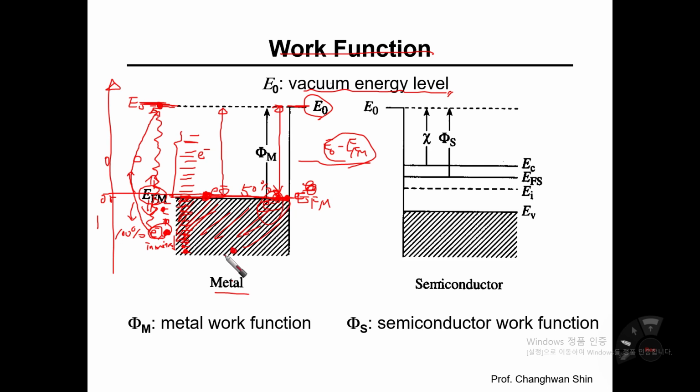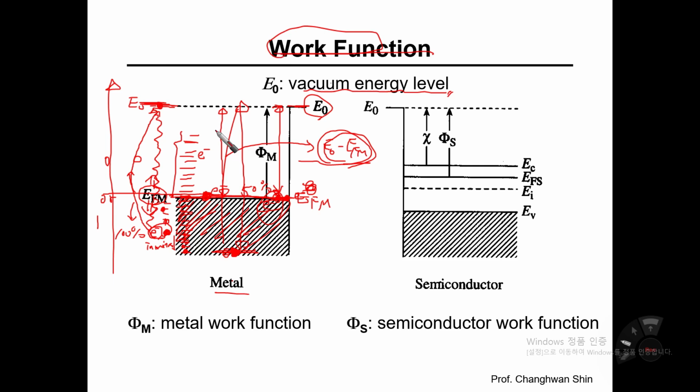This energy is minimally required to take out a single electron away from the matter. We can take out an electron existing at a lower energy state, but we need a larger energy difference, much higher than E naught minus EFM. But we have defined that work function is the energy minimally required to take out a single electron away from the matter.